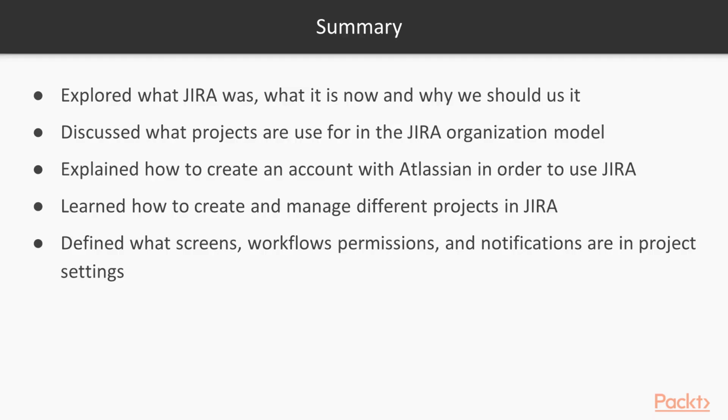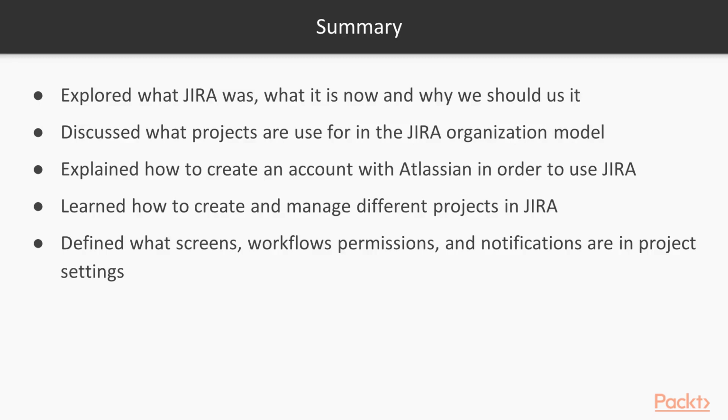So we've reached the end of our first section. In this section, we talked about what Jira was. We talked about the history of Jira, what it's used for today, why you should use it. We talked about projects and how Jira organizes its work into a project format. We talked about how to create an account with Atlassian so we can start using Jira.